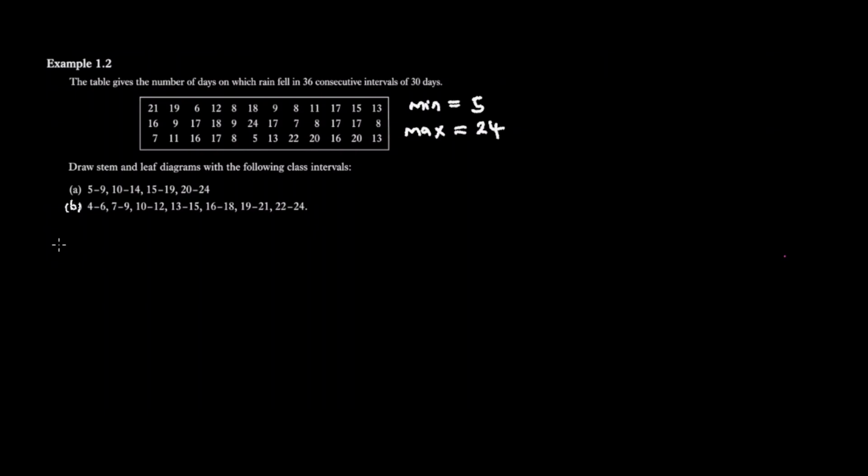So let us start with A. A wants us to draw a stem and leaf diagram, and these are the intervals. So using our intervals, let us now start with a draft plot.